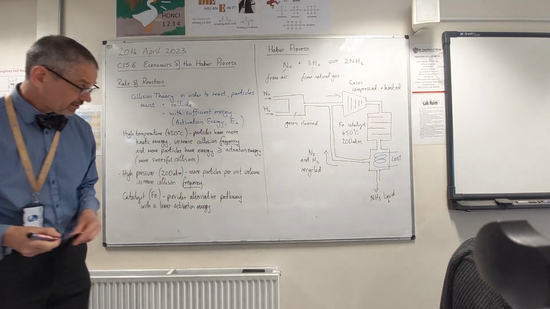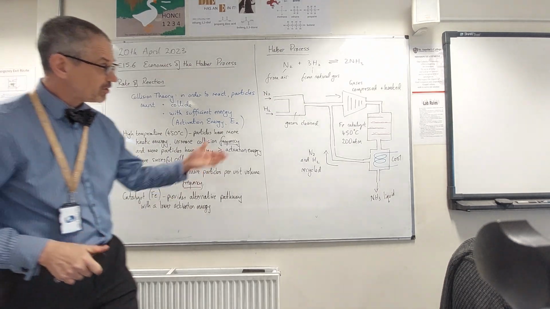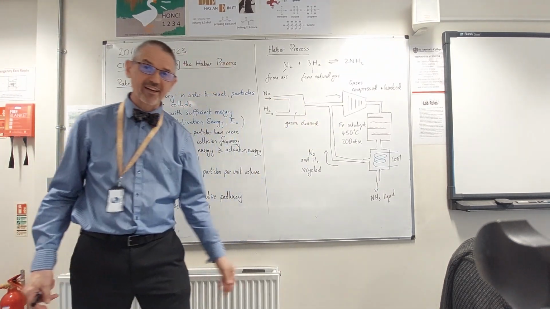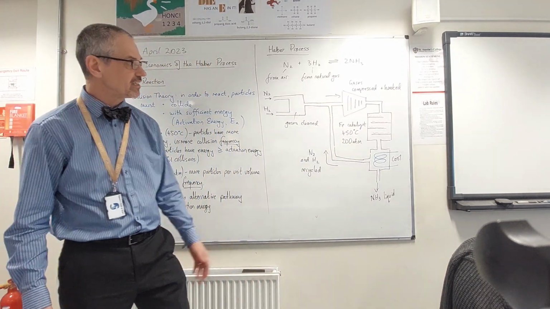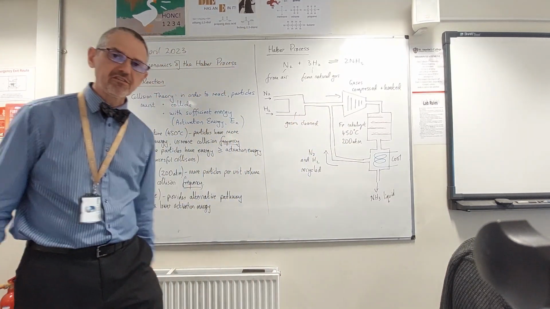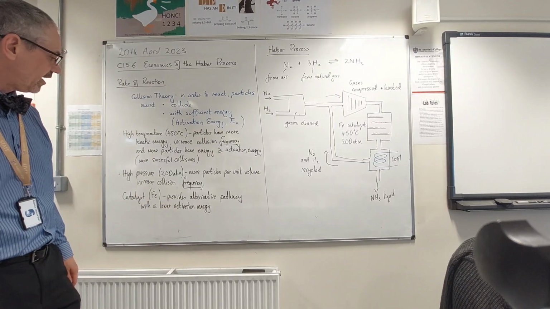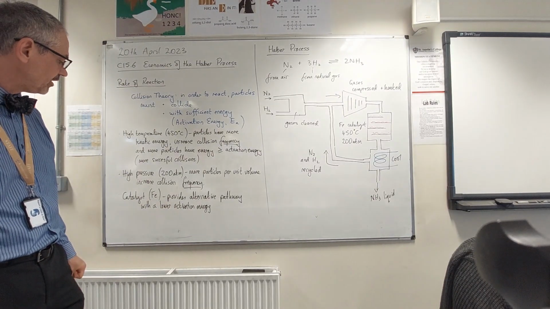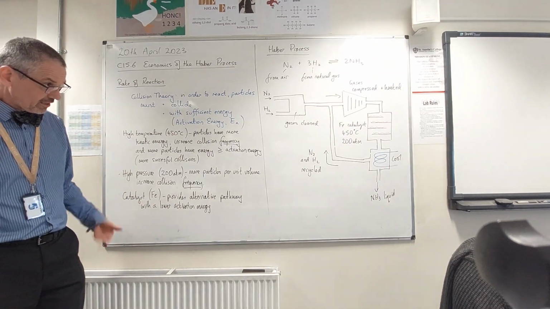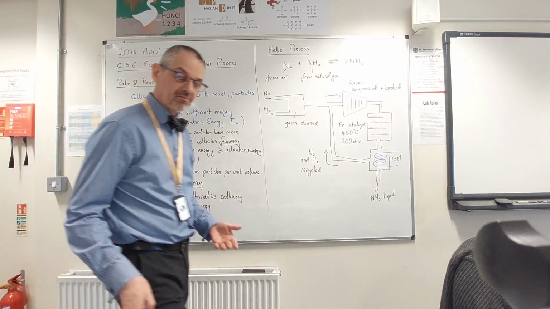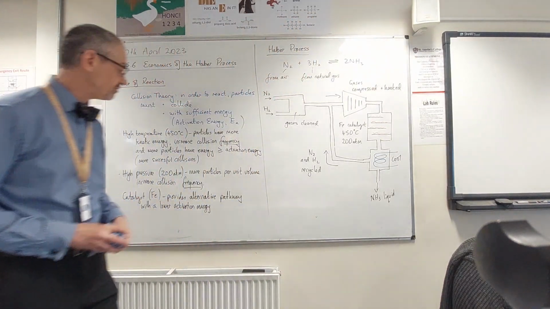That really makes it a game changer. So in other words, the reaction might still happen without the iron catalyst, but you'd have to heat it up to like 3,000 degrees or something ridiculous. With the iron catalyst, 450, which is much more acceptable, it is doable. Okay, so all of these factors seem to be giving us a faster rate of reaction.